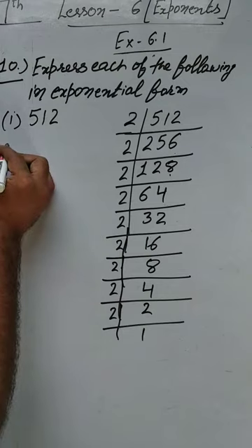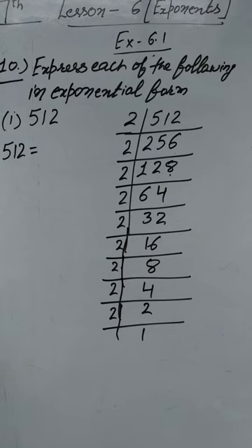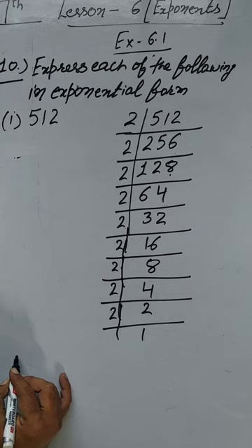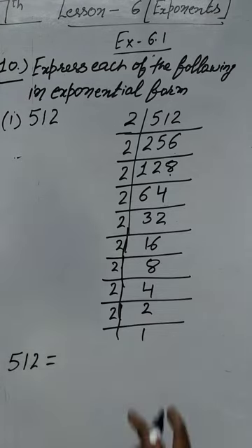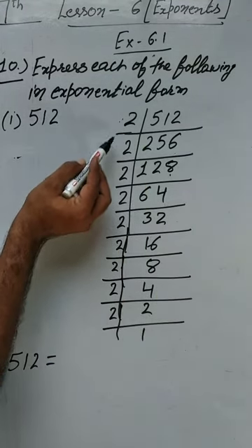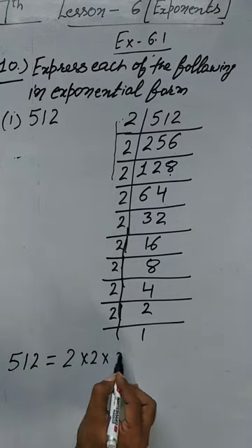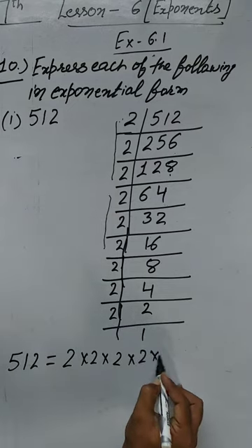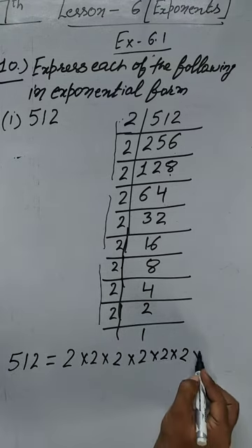Okay beta. Now beta 512 is written as, in the form of these prime numbers, 2 multiply 2 multiply 2, 2 multiply 2 multiply 2, and 2 multiply 2 multiply 2.